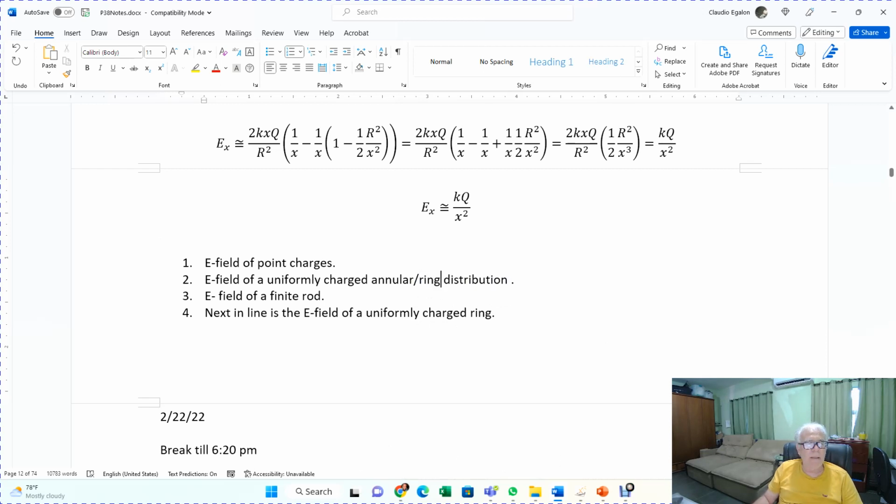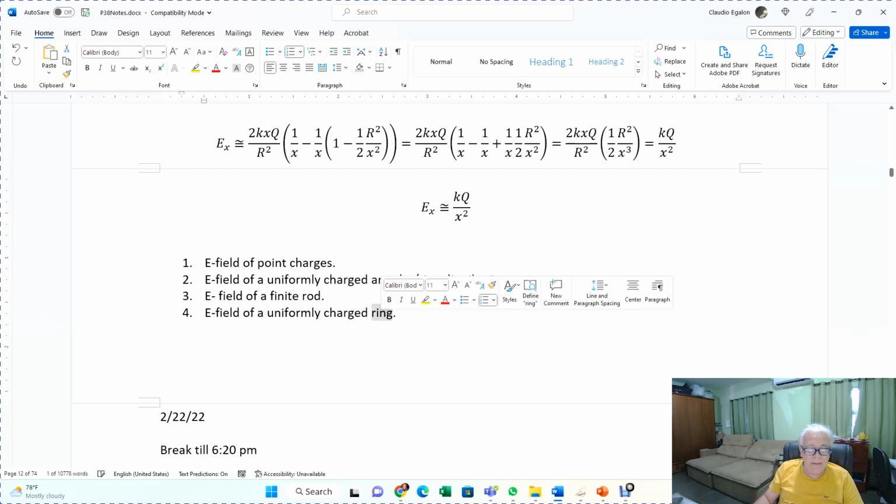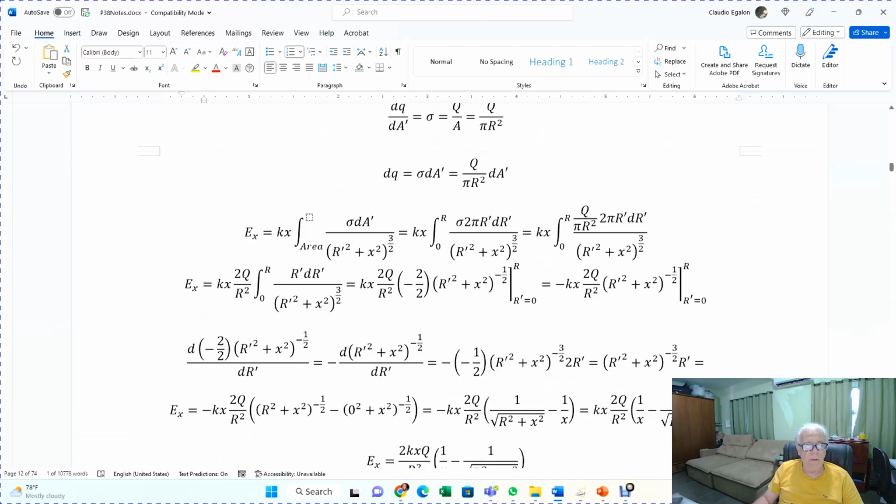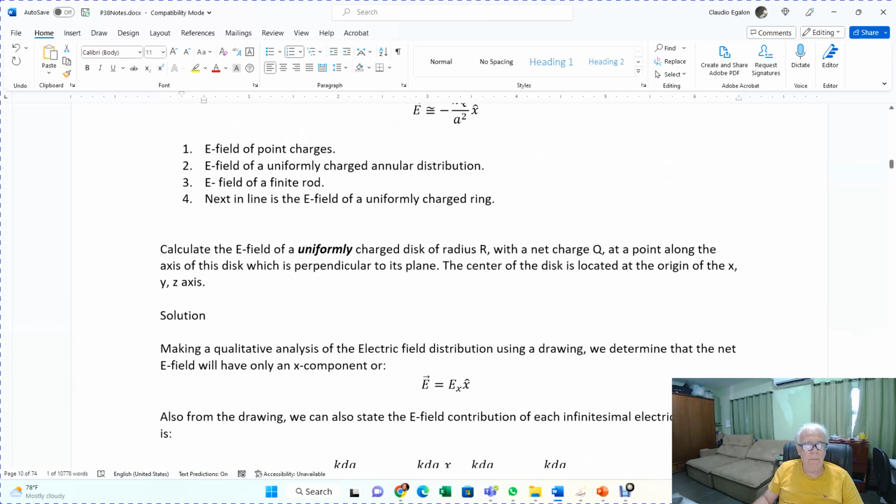E field of a finite rod, and the field of a uniformly charged, not ring, uniformly charged disk. Okay? We have to correct that from before. Disk.